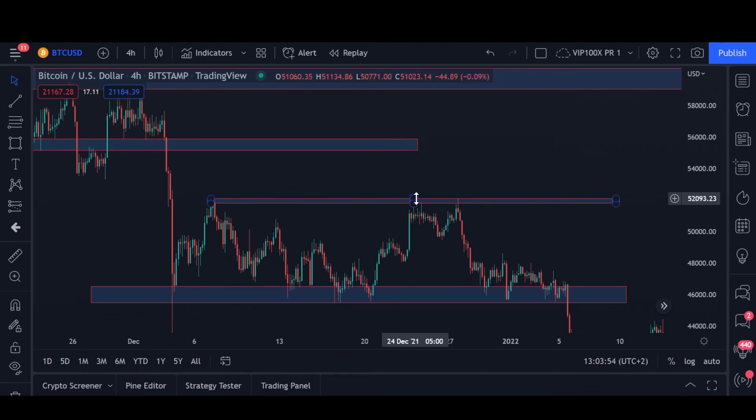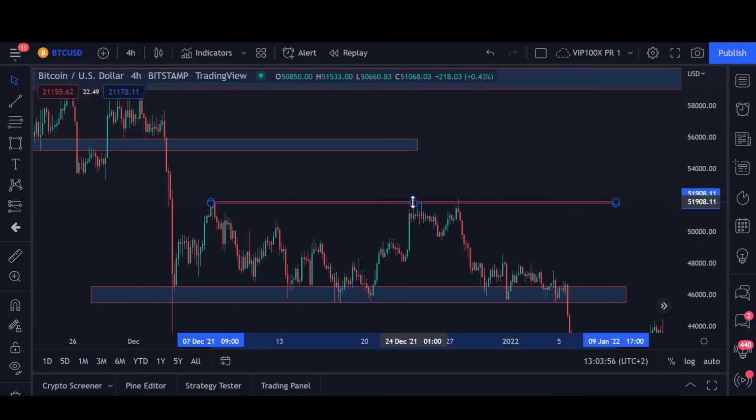In this example, at first the zone will be very thin, but after that we will extend it when a wick pierces it.